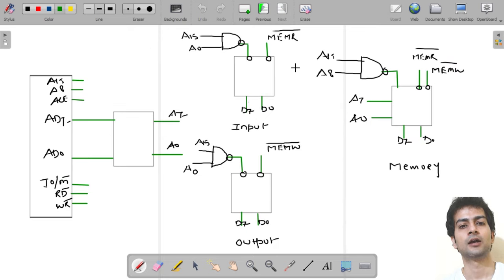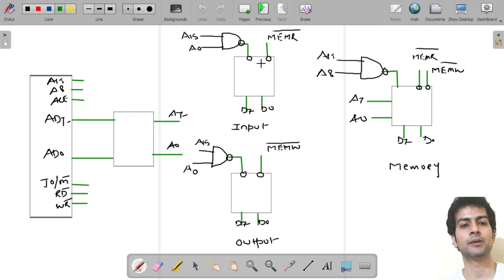Now coming to another concept, memory mapped input output. Let's see another and the last concept. After this, the topic of peripheral mapped input output and memory mapped input output will get over. Suppose this is my input device, but I am using a 16-bit address and a memory read control signal, and I will fetch data from the input device, considering it to be a memory device.